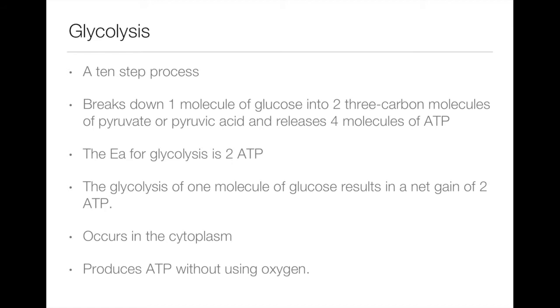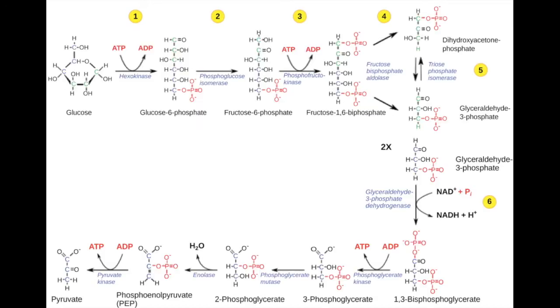Although this process releases only 1/4 of the energy stored in glucose, it is critical because the end product, pyruvate, is the raw material for the Krebs cycle. Actually, pyruvate is used in the link reaction to give me something else, which we'll see is very important for the Krebs cycle to take place. Let's see here some things that I want to show you.